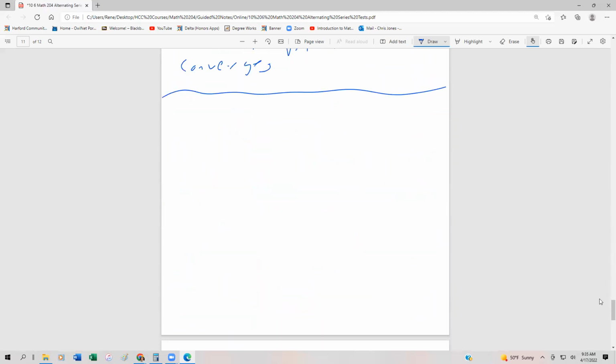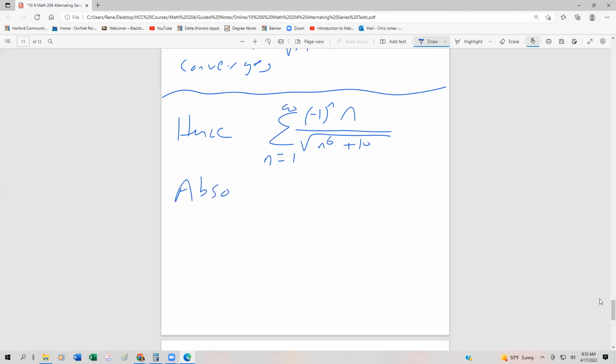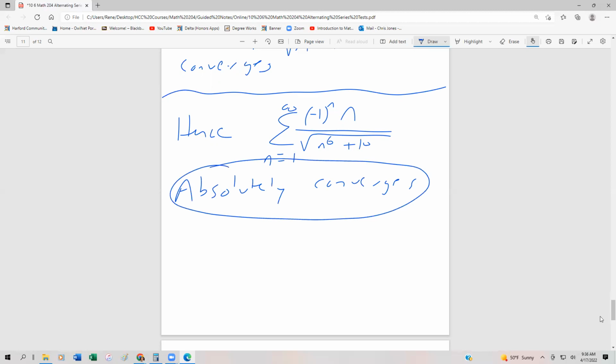Okay, so hence, remember our original series a long time ago, n equals 1 to infinity minus 1 to the n over the square root of n to the 6 plus 10 absolutely converges. And that's what we were looking for, to determine. So the first step you want to do is you want to determine if the alternating series converges by itself, and then determine if it converges conditionally or absolutely. Okay, so that's it for this section.